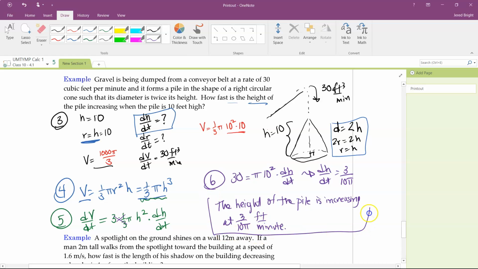And we're done. Okay, so again, here it was getting the diagram, and then the only thing that was really different here was we were given some relationship between radius and height, so we could eliminate one variable as needed and work with just two variables instead.